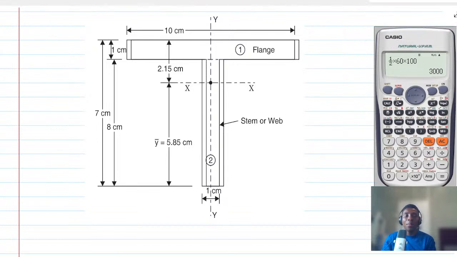So let's say you have been asked to calculate Ixx and then Iyy of this question. The first thing that you have to look at is that we have what we call the reference axis and then the centroidal axis.